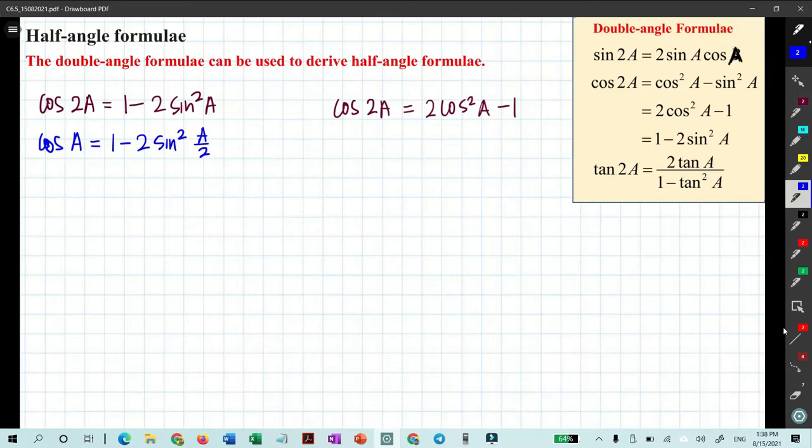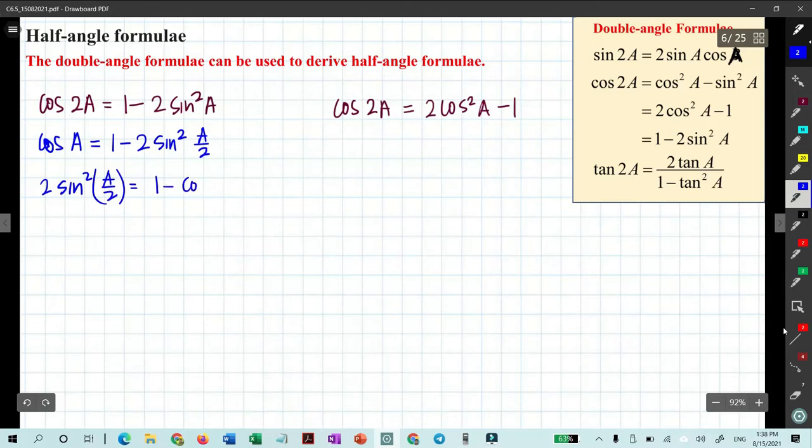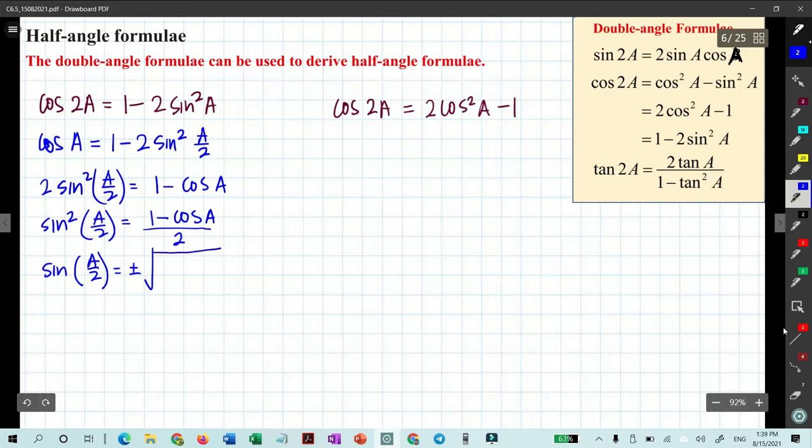Okay, and next I'm going to shift this 2 sine square a over 2 to the left hand side, so I'll get 2 sine square a over 2 equals 1 minus cos a, and sine square a over 2 is equal to 1 minus cos a over 2, and finally we can get sine a over 2 as plus minus square root of 1 minus cos a over 2.